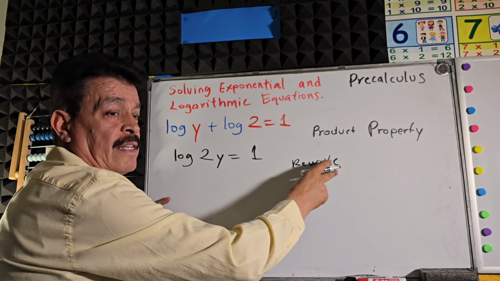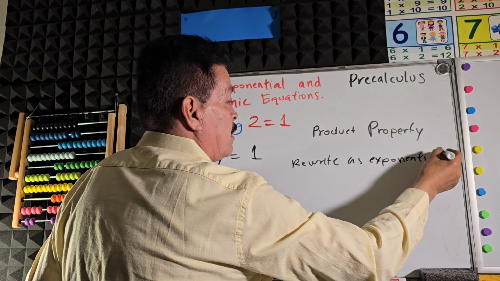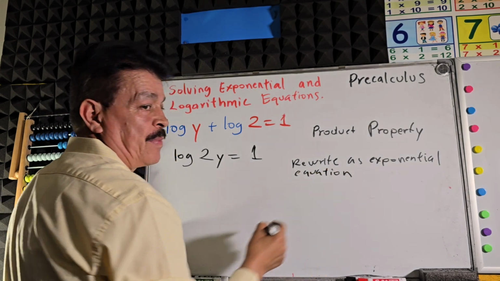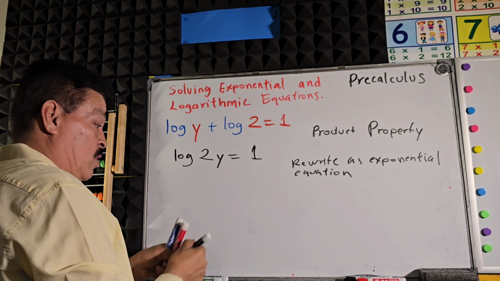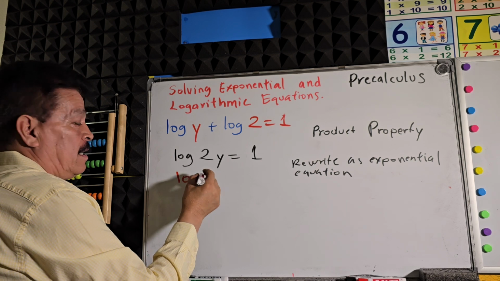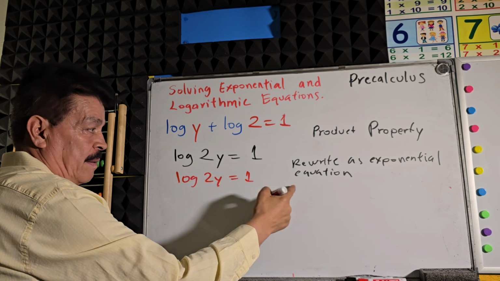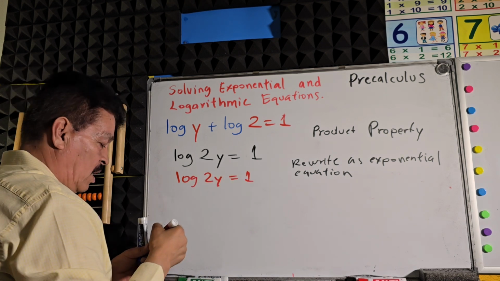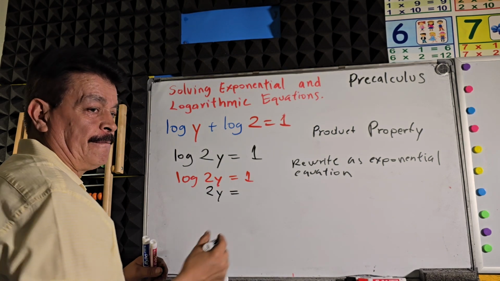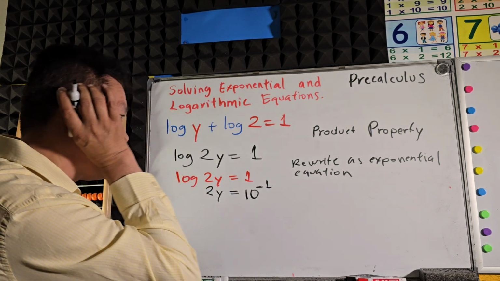We have to rewrite as an exponential equation. Very important. So log 2y equals 1, and I am explaining the rule here. This will be 2y equals 10 to the 1, as an exponential equation.